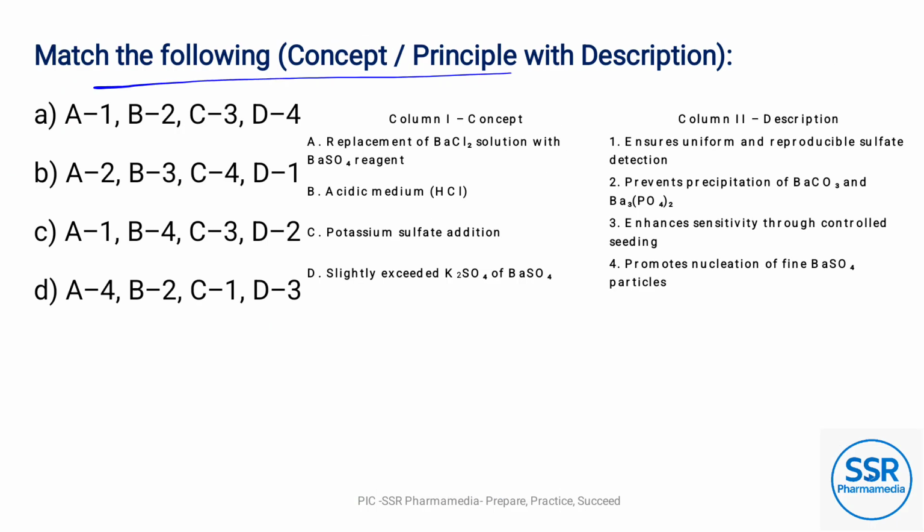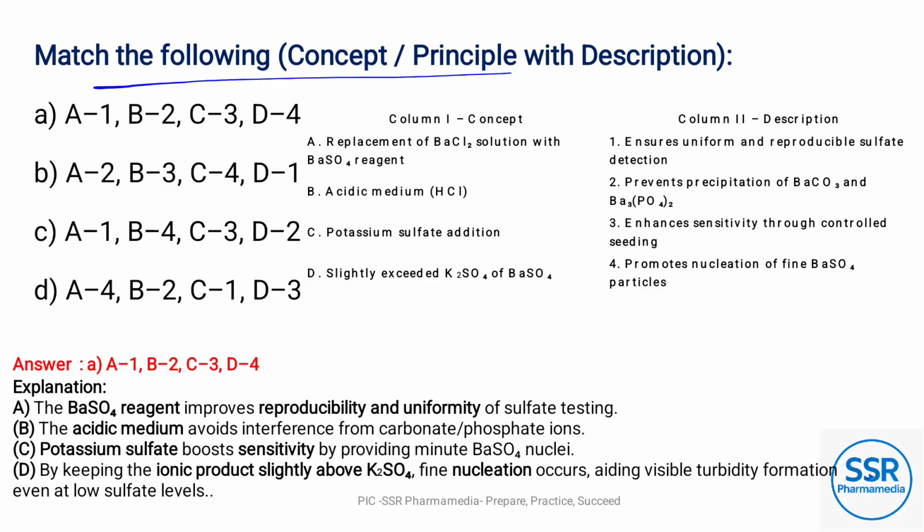Match the following concepts and principles with their descriptions. First, the replacement of barium chloride solution with barium sulfate reagent: the answer is option A, to ensure uniform and reproducible sulfate detection.